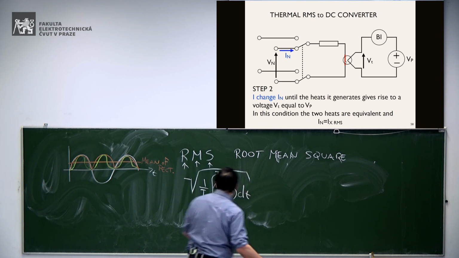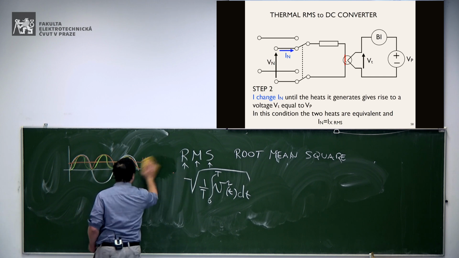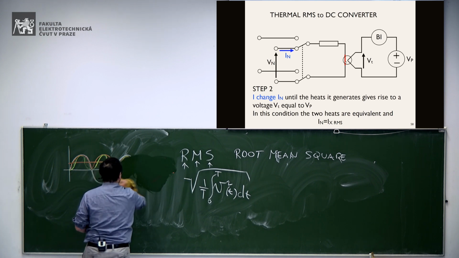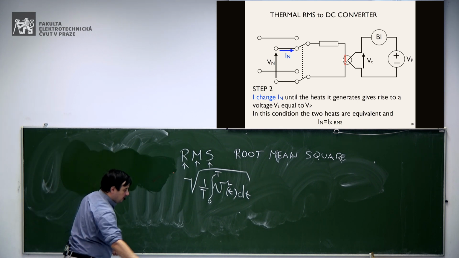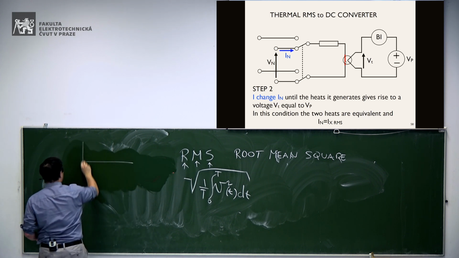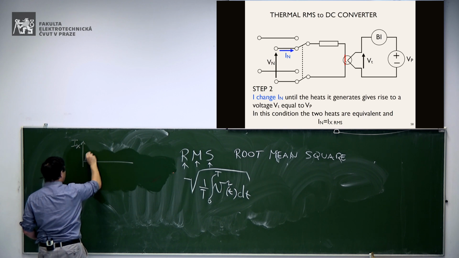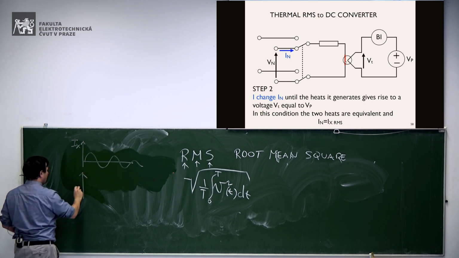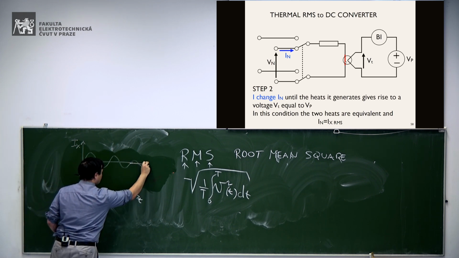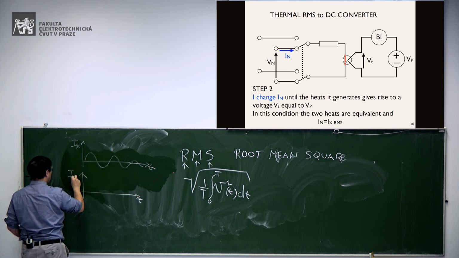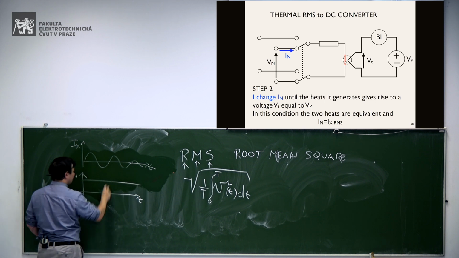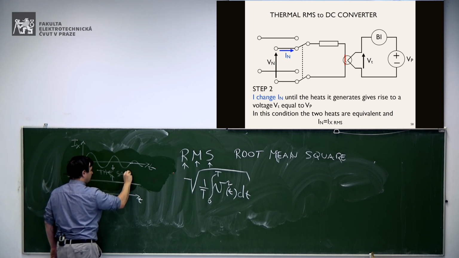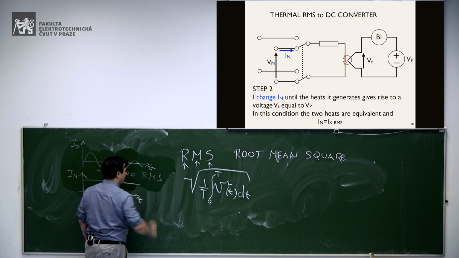It means that you can have a current Ix, which is AC, and the current In, which is constant, but they have the same RMS value, okay?